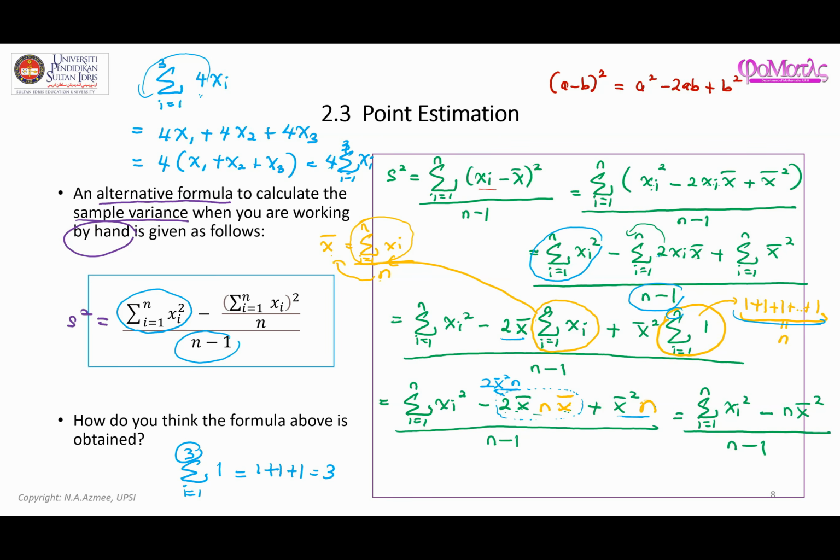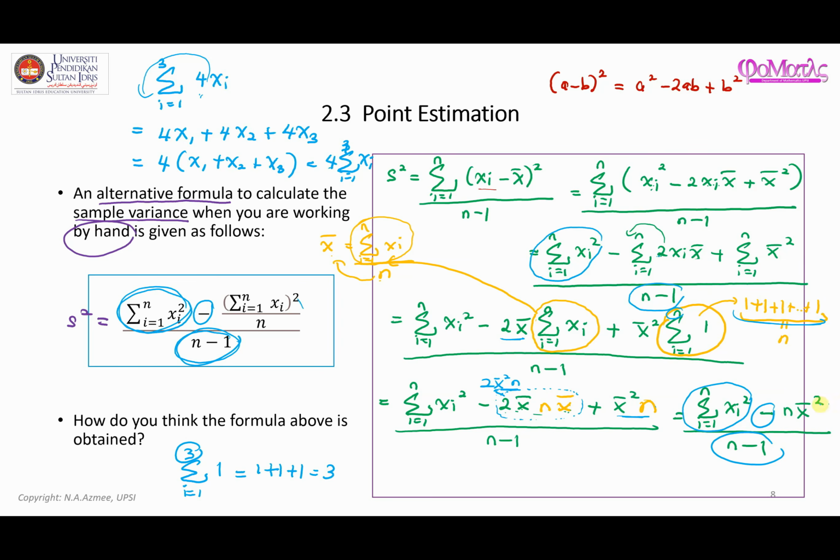Okay, right. Next, you can see that we have all the right ingredients already. So this is okay, this is okay, this is okay, the negative is over here, we have the same thing. So how do we change this part so that it looks like this one?